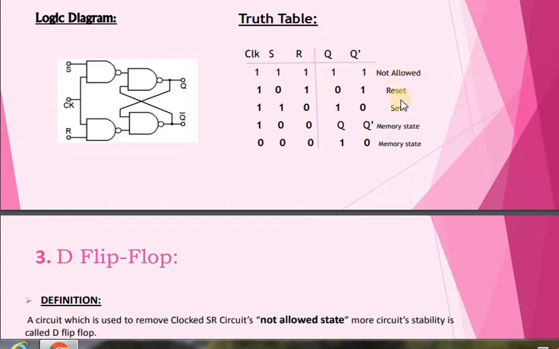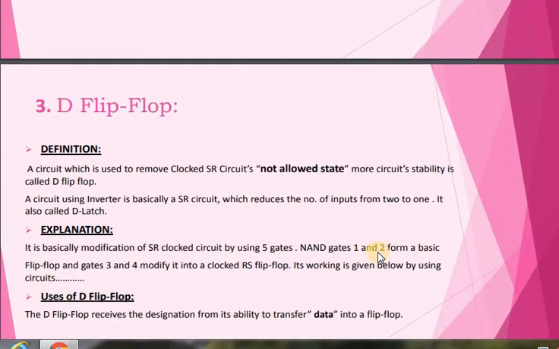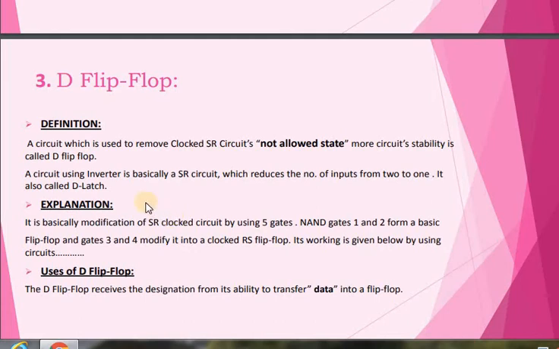That is the main advantage of the D flip-flop. The circuit using an inverter is basically an SR circuit which reduces the number of inputs from 2 to 1. It is also called a D latch.